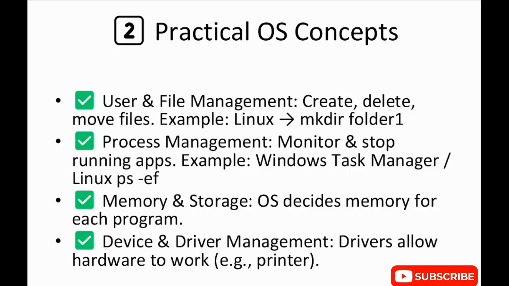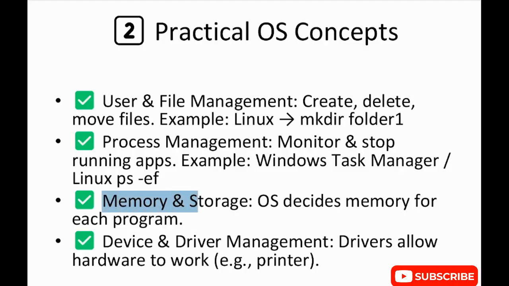And f is used for full format listing, which gives all the details in the full format, meaning more detail and information will be displayed. So in this way, you can write the command in Linux to check whether a process is running or stopped. You can monitor it.